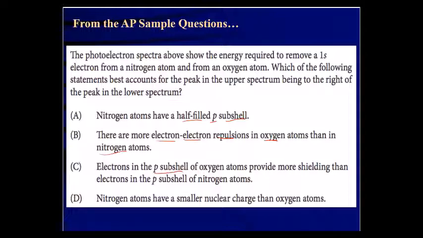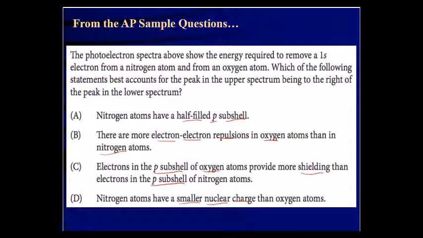Electrons in the p subshell of oxygen provide more shielding than the electrons in the p subshell of nitrogen. Nitrogen atoms have a smaller nuclear charge than the oxygen atoms. Which choice is the best one when we're thinking about the difference in that binding energy?